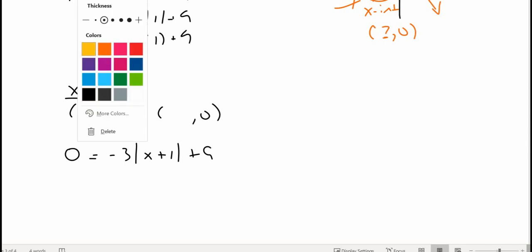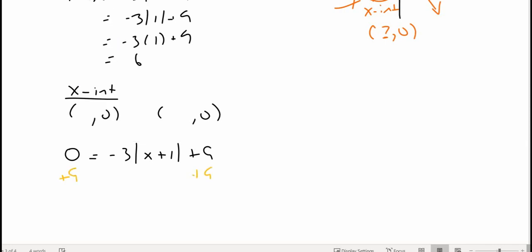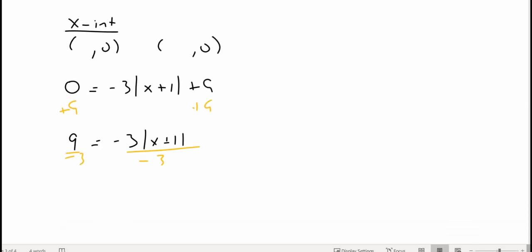So I'm going to add 9 to both sides, giving 9 equals negative 3 times the absolute value of x plus 1. Now I'm going to divide by negative 3, and that gives me a negative 3.